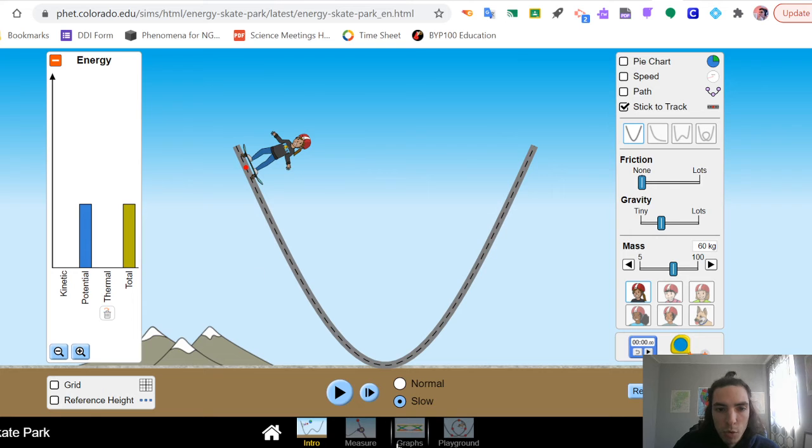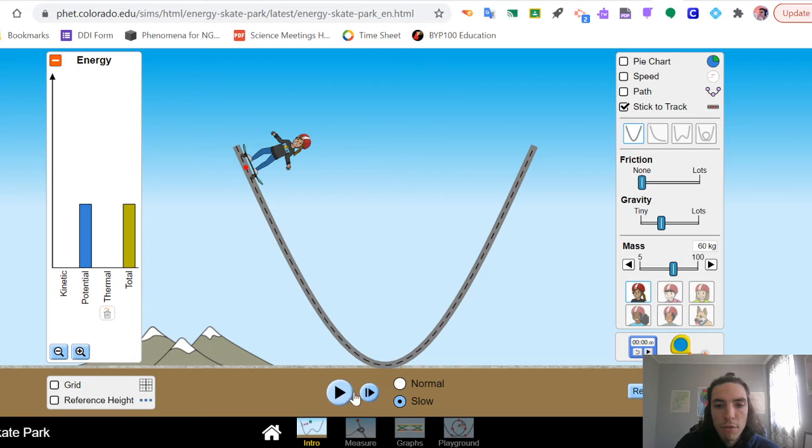One last note before I start: there are more than just these three types of energy. There's chemical potential, sound and light energy, and nuclear energy, but we're just going to use these three as the types of energy contributing to the total in the system.